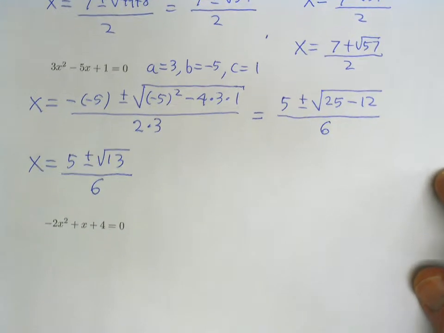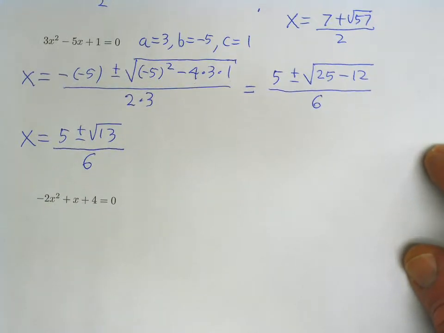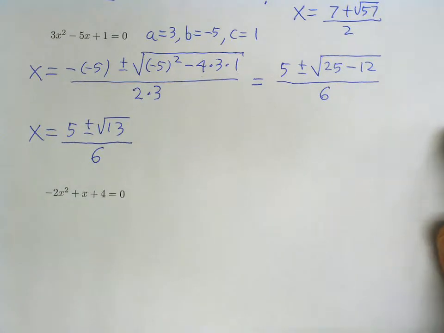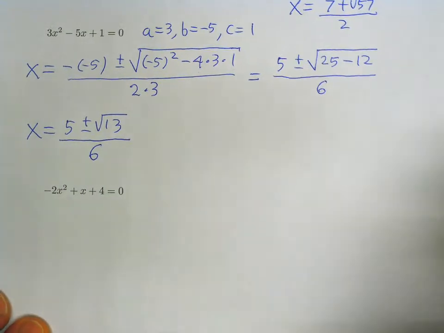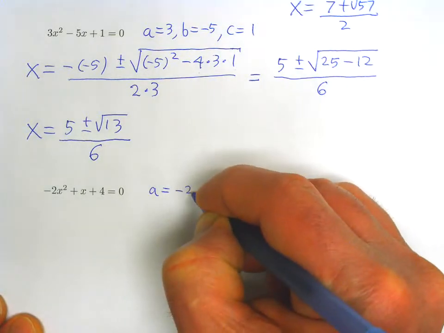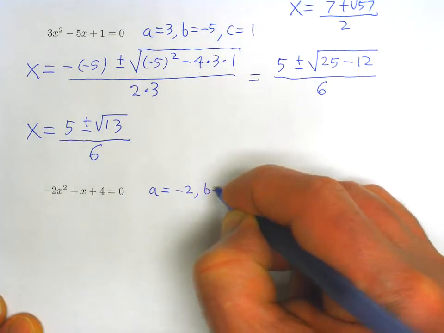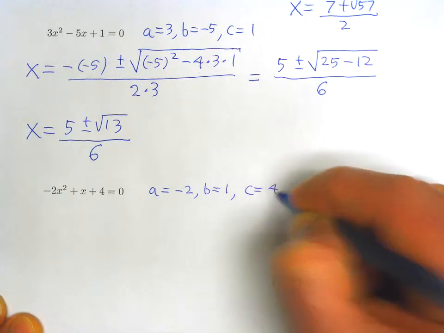Okay, the next one, negative 2x squared plus x plus 4 equals 0. Well, let's use a equals -2, b equals +1, and c equals +4.